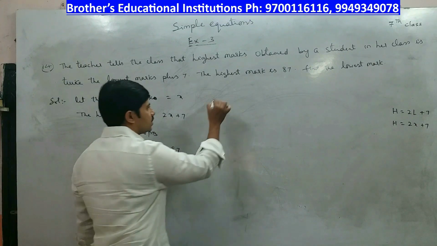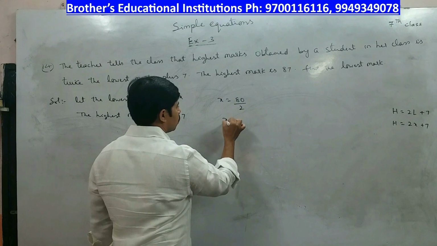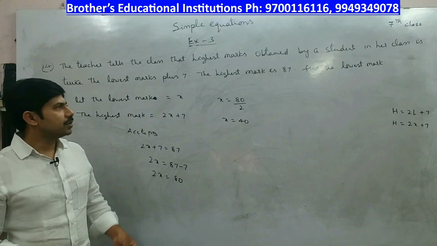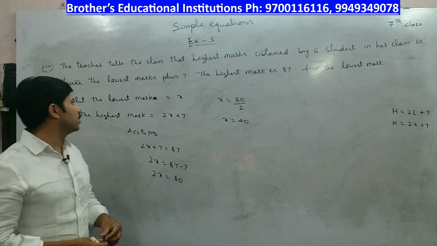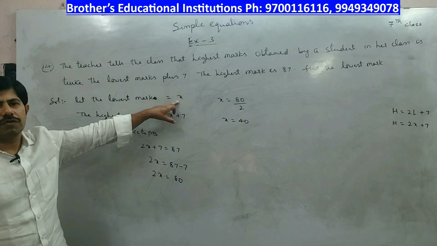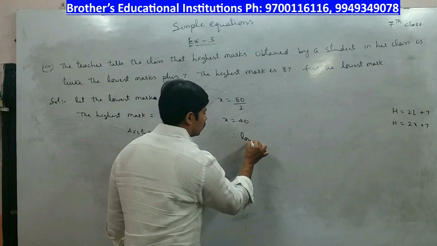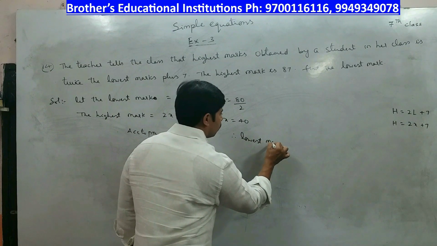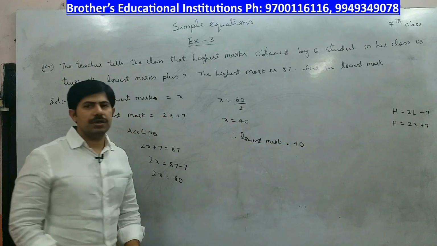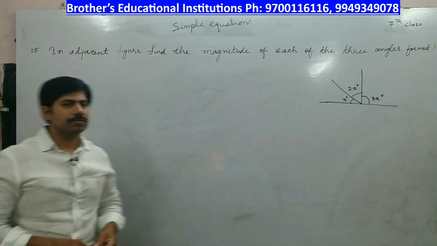So x is equal to 80 by 2, we get 40. He is asking us to find the lowest mark, so the x value itself is the lowest mark. So what is the lowest mark? It is 40. Therefore, the lowest mark is nothing but 40. Okay, this is completed. Next question.